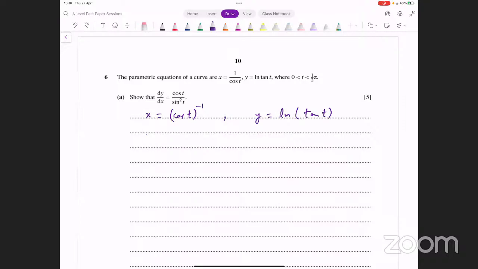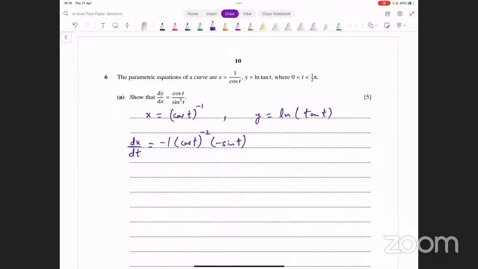Now what is dx over dt? First of all, power function is the outer function. You start from the outer function, remember. Multiply by -1, apply the power rule: -1 into cos of t as it is, and the power has 1 subtracted from it. So we multiply by the power, subtract 1 from the power, it becomes cos of t power -2, and then multiply by the derivative of the base of the power. What is the derivative of cos t? Minus sin t.